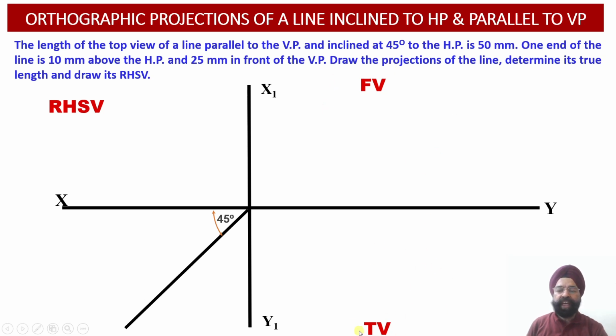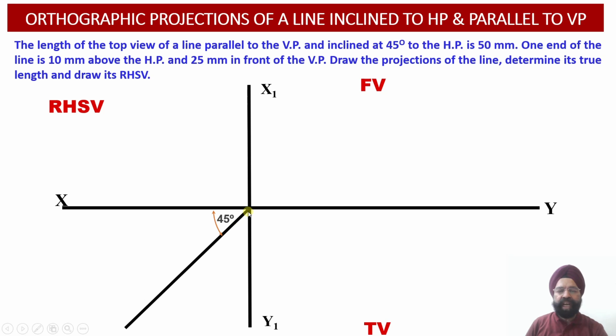The top view projection will be drawn onto the horizontal plane, that is, below the XY reference line, and the right hand side view projections will be drawn on the left hand side of the front view projections over here. Now here we have this transfer line which we have drawn.